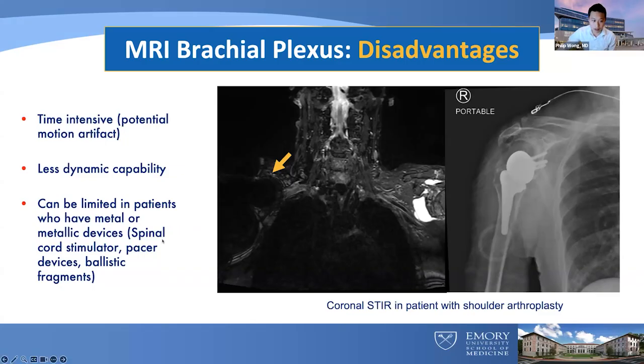I think particularly spinal cord stimulators, we're seeing a lot of patients with those, which poses a lot of issues with putting people on the magnet. And this is just an example of the susceptibility artifact from a reverse shoulder arthroplasty on a patient who had a brachial plexopathy after the arthroplasty. You can see the susceptibility artifact afterwards on the MRI.